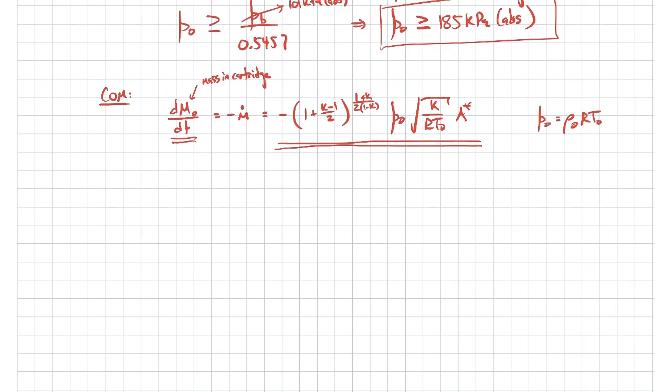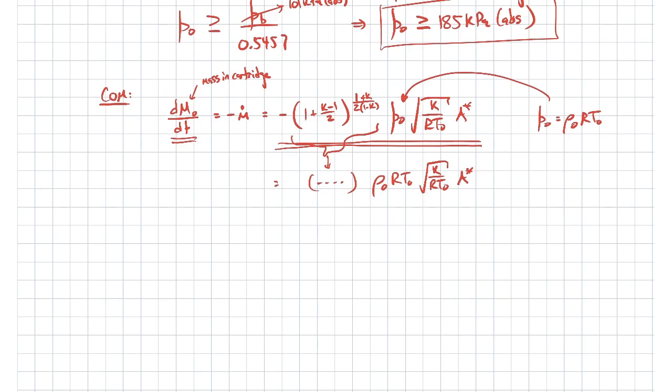So that just comes from the ideal gas law, and I'll substitute that in here. So this will end up being all of this stuff. I'm not going to repeat it, but it's all of this just repeated down here. And then this will be rho naught R T naught times the square root of k over R T naught.